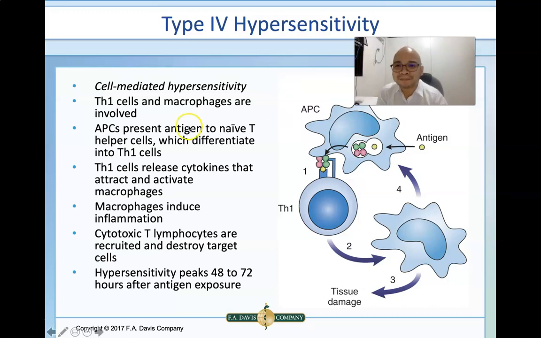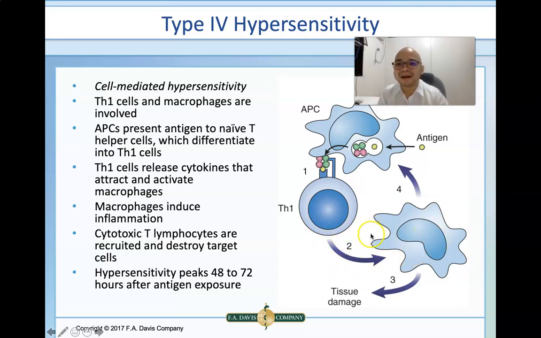So APCs will present antigen to naive T helper cells. When you say naive T helper cells, this particular type of T helper cells have not yet been exposed to any type of antigen. And it will differentiate into Th1 cells. Eventually, the Th1 will produce cytokines that will also activate macrophages.